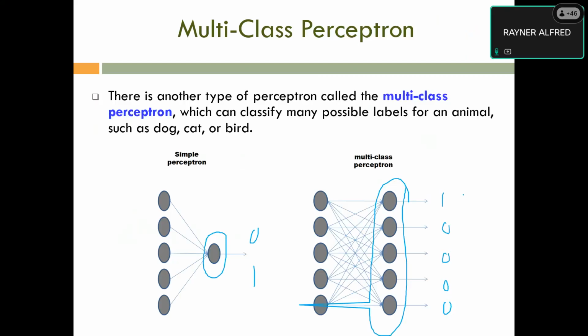So if the input belongs to this class, the rest will be 0, 0. So that's the difference between simple perceptron and multi-class perceptron, but the algorithm will all be the same.